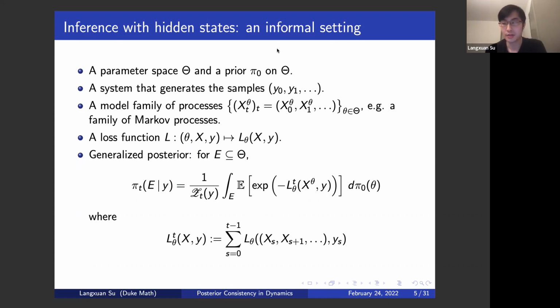Okay, so any questions for the setting here, the setup? Yes, I see someone raised a hand. Yeah, so I'm slightly puzzled. So your loss function depends on the infinite future.